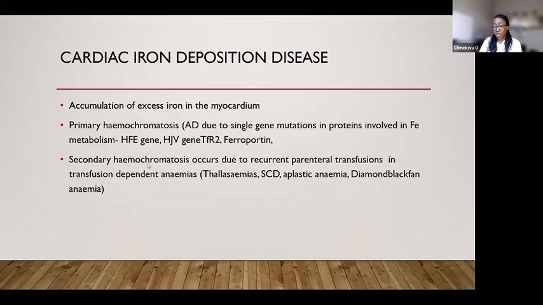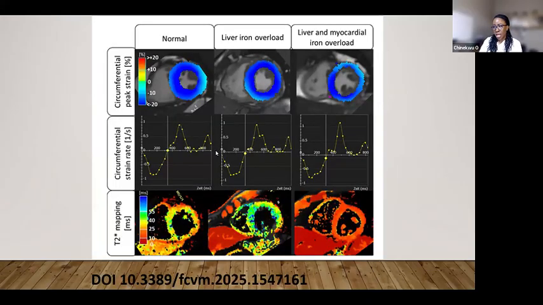transfusion-dependent anemias. The strength of T2 star mapping is that basically we're testing for iron deposition in the myocardium, and it's been validated, and we know that certain thresholds actually correlate with the amount of iron in the myocardium. And iron shortens T2 recovery, essentially.